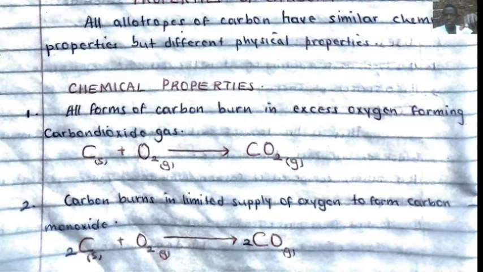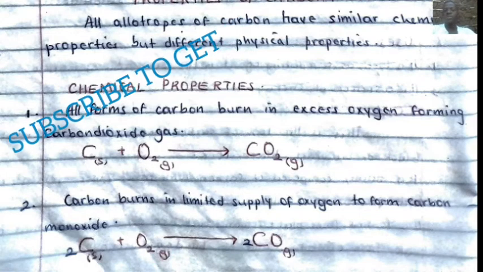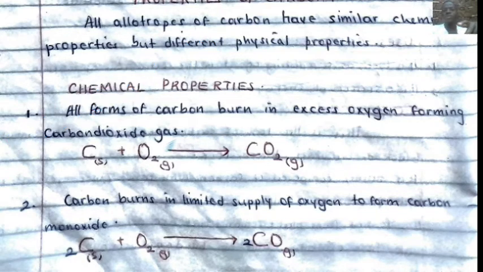Now you have to balance the equation. We have very many chemical properties of carbon, but for now we are stopping on these two. In our lesson 3, which is soon to be uploaded, we are going to discuss other chemical properties of carbon, and later on we shall go on.